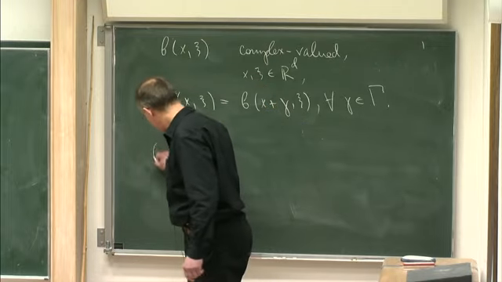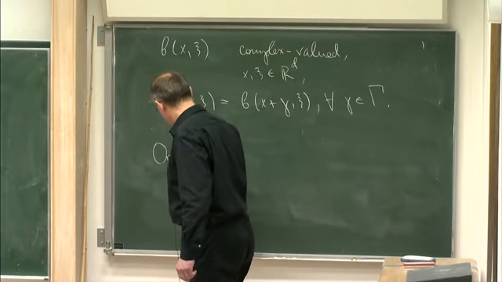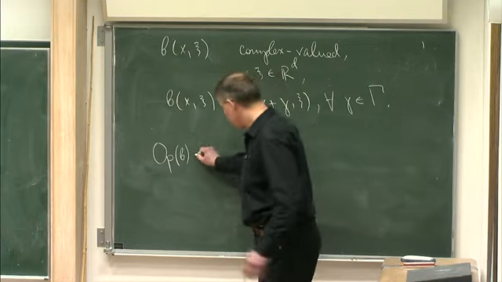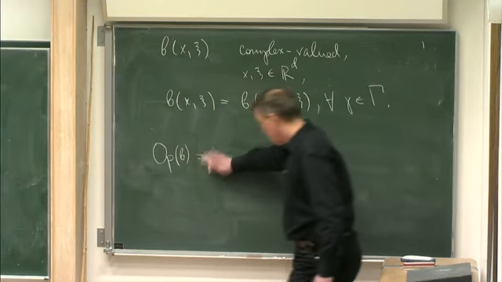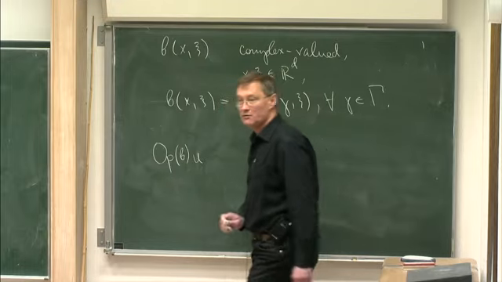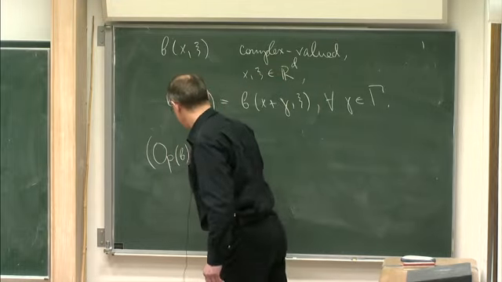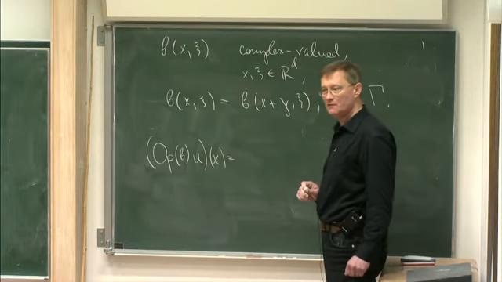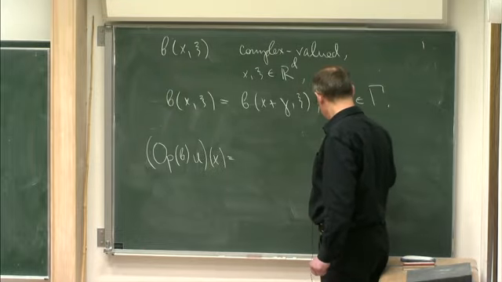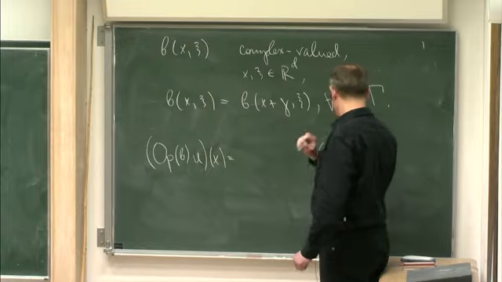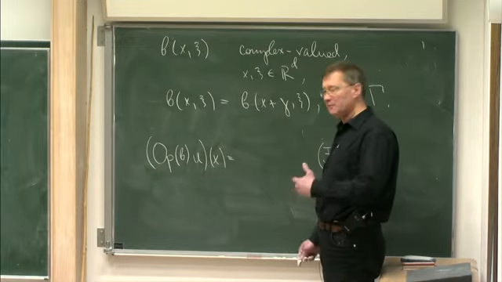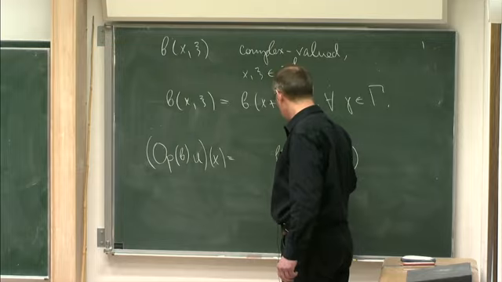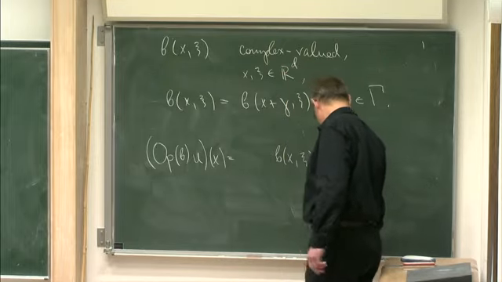The notation for this thing will be Op(b), the operator with symbol b, and what it means is the following. How does it act on the function u? You take the function u, you take the Fourier transform, then you multiply by the symbol.